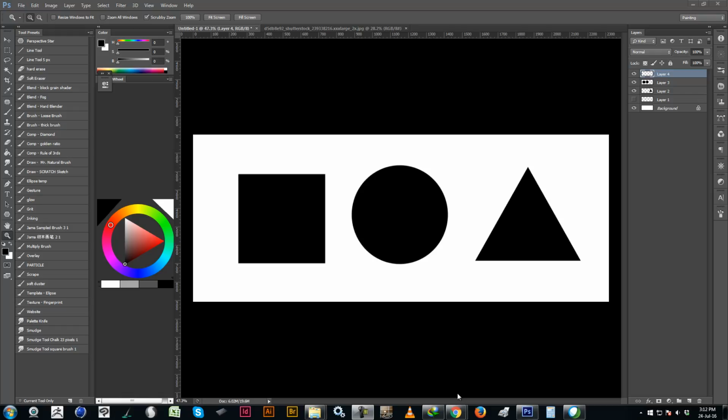Within character design, there is a philosophy called shape design. It's basically at the core level of characters, there are three basic shapes, and that would be a square, a circle, and a triangle.